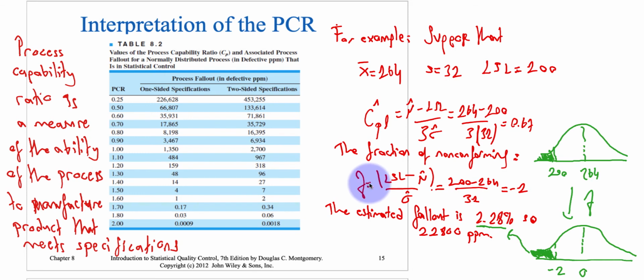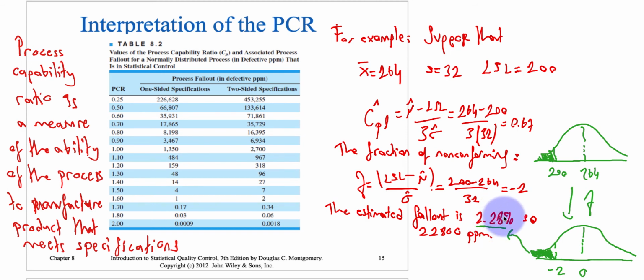And this is our Z statistic value in the standard normal distribution, and it is -2. We are converting data to the standard normal distribution by this calculation, and the mean is 0, right? Because it is the standard normal distribution, and our quantile is here, -2. And if it's -2, we can estimate the probability of falling below the lower specification limit: 2.28, okay?